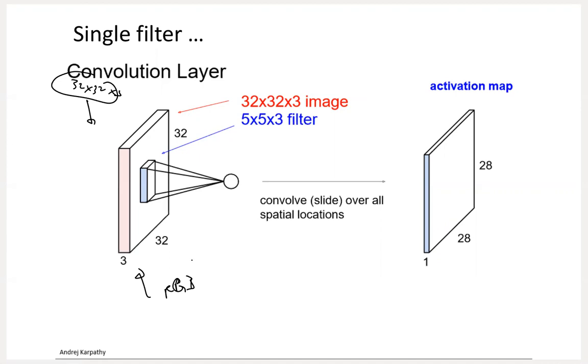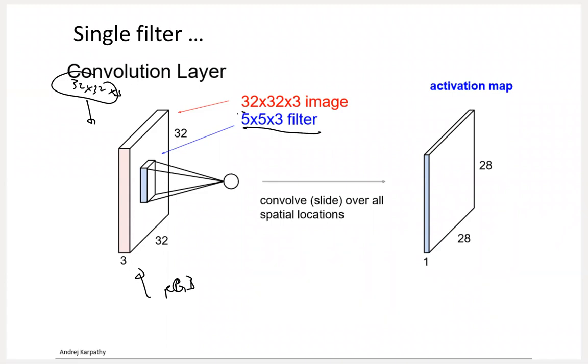But in CNN, typically we take the entire image, which in this case is a three-dimensional object. So here I have 32 by 32 by 3. Now when I do a convolutional filter, I just take a block. For example, I have a filter that is 5 by 5 by 3.